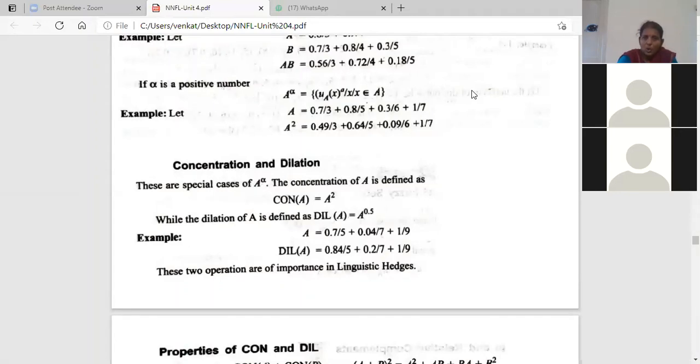These two operations, the concentration and dilation, are important in the linguistic hedges. Okay, please make a note of this. Concentration is defined as A square. Dilation of A is defined as A power 0.5.